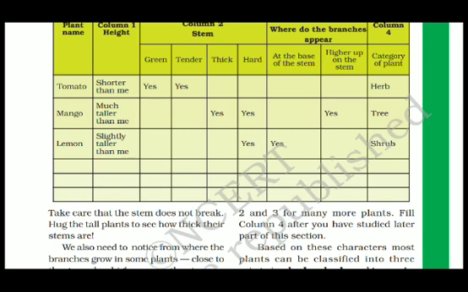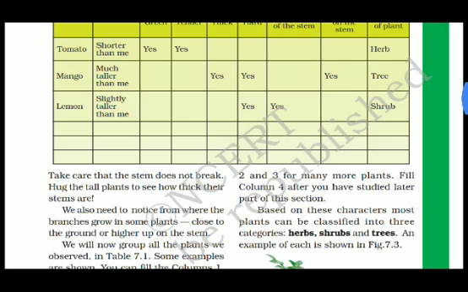Trees have a very hard and thick stem and have branches from much above the ground. So like this we classified the plants as herbs, shrubs and trees.